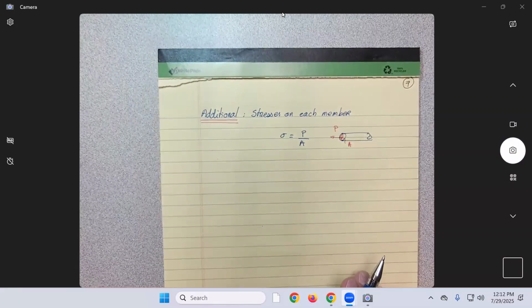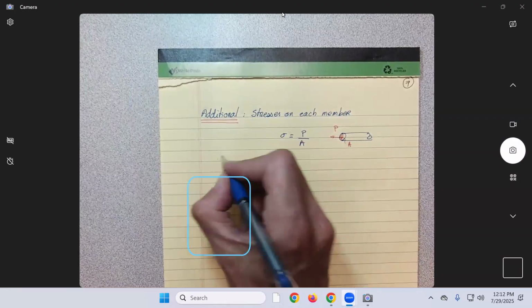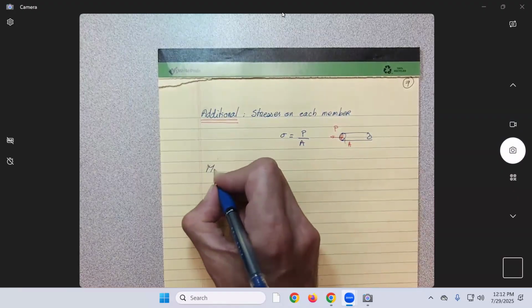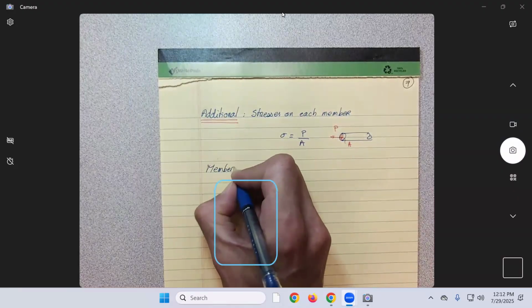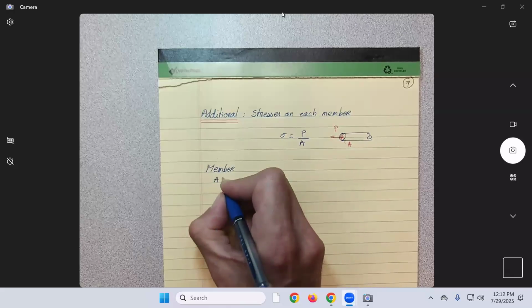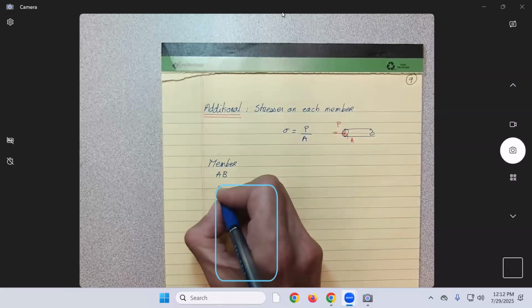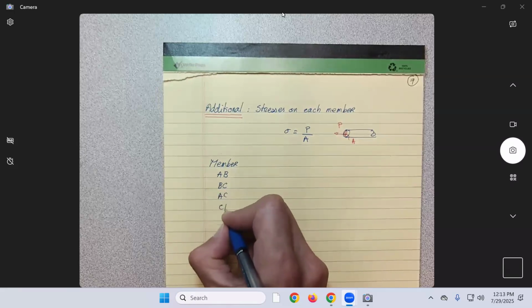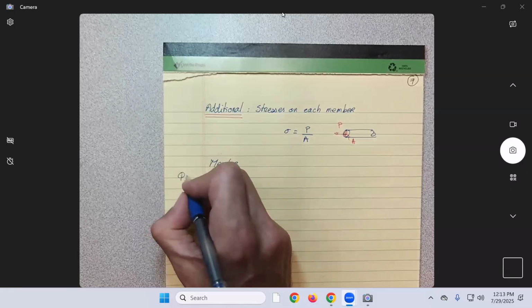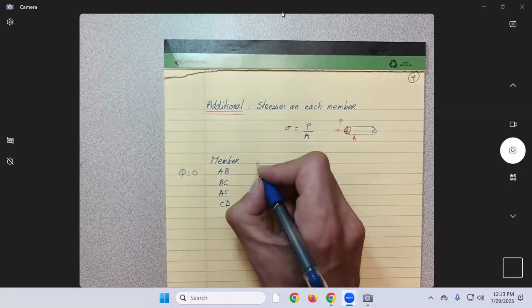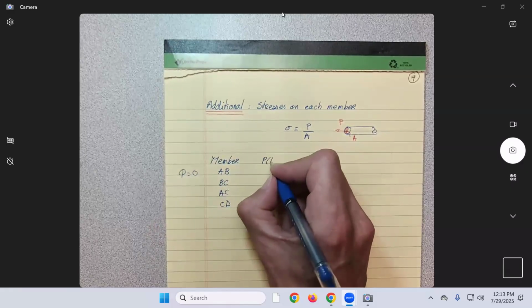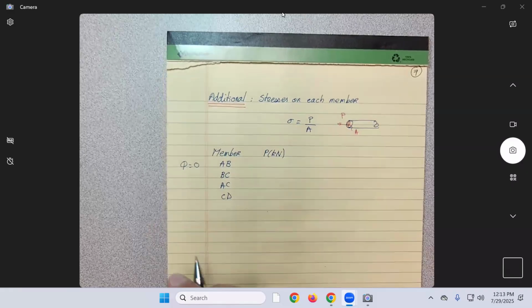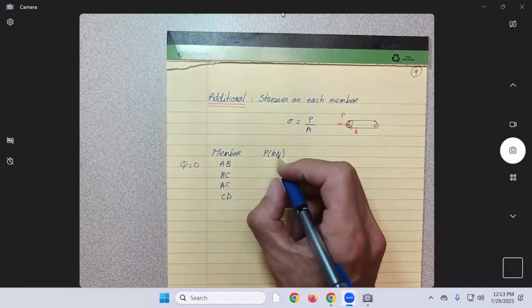So let's see, if I rewrite here the table, let's say members AB, BC, AC, CD, with Q equal to 0. Same table as before, I'm going to put P here.